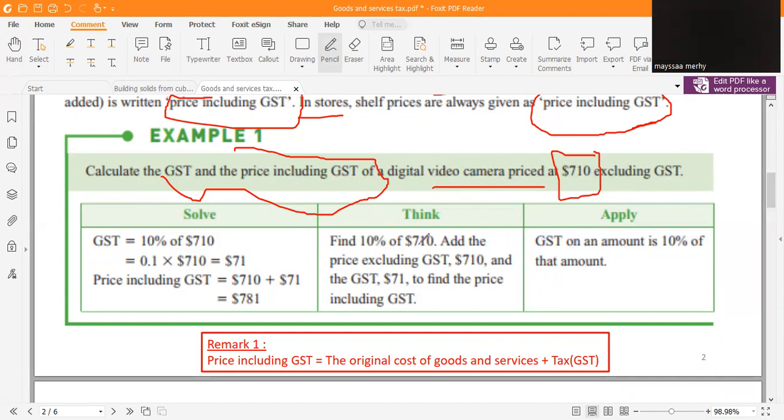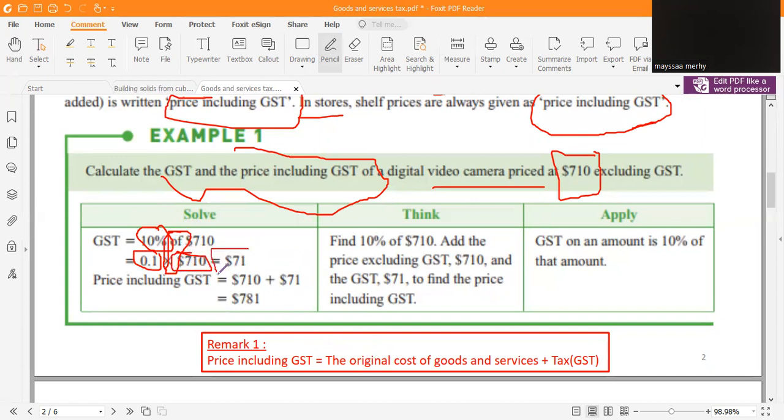First, we can calculate the goods and services tax, which is equal to 10%. 10% is equivalent to 10 over 100, which is 0.1, times the original price excluding GST.